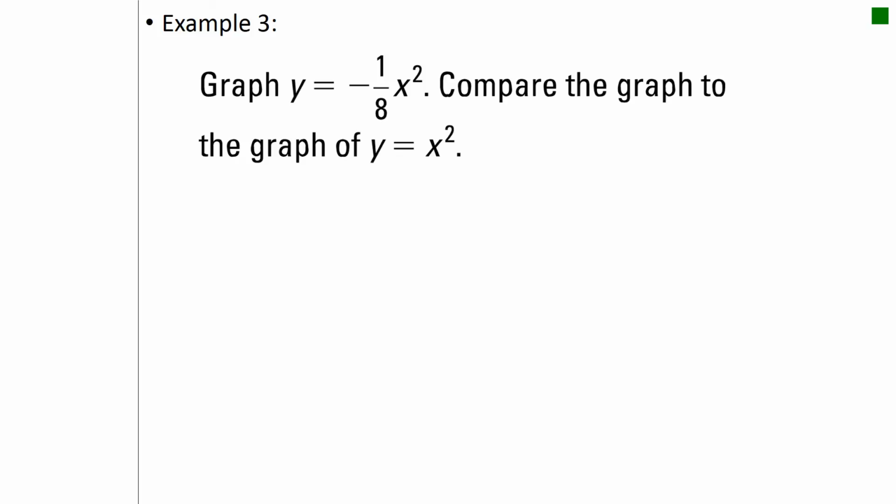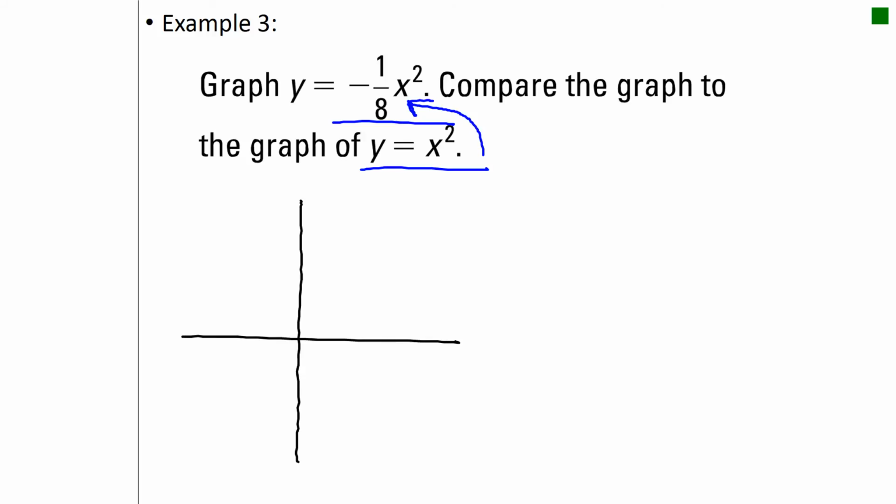Example 3, we're looking at what's the difference between these two equations. This one has a stretch factor of -1/8. So let's make our graph and a couple of tables so we can follow along with our ordered pairs.